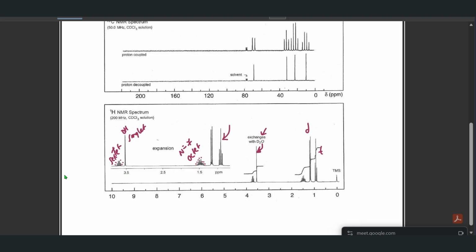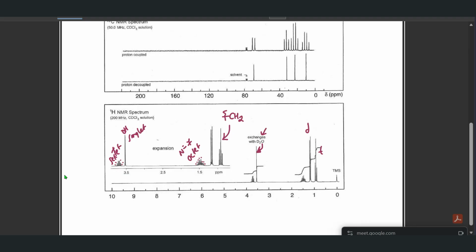That's going to be connected to a CH2 because of the doublet and triplet. How did you know it's a CH3? Because it's a triplet, and with the N+1 rule, it would be 2 plus 1 to make that a triplet. All we know is that the N is 2, but we don't know if it's a CH3.